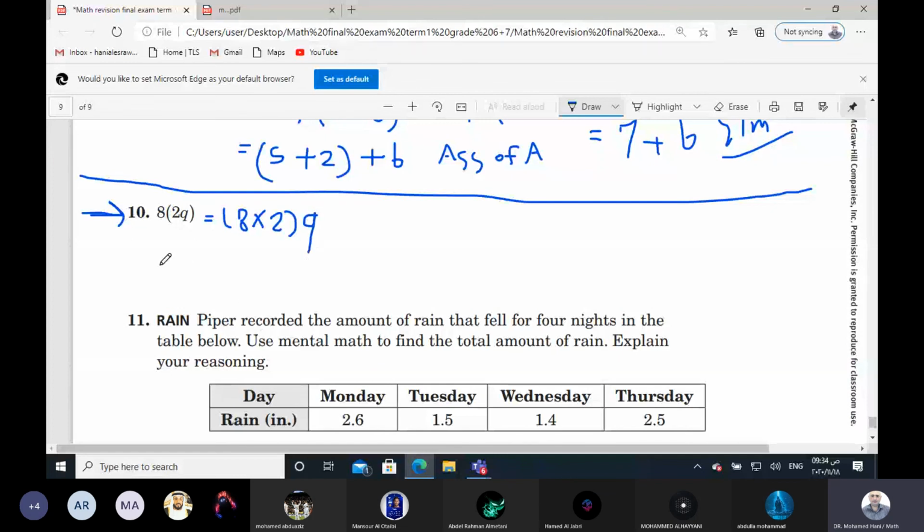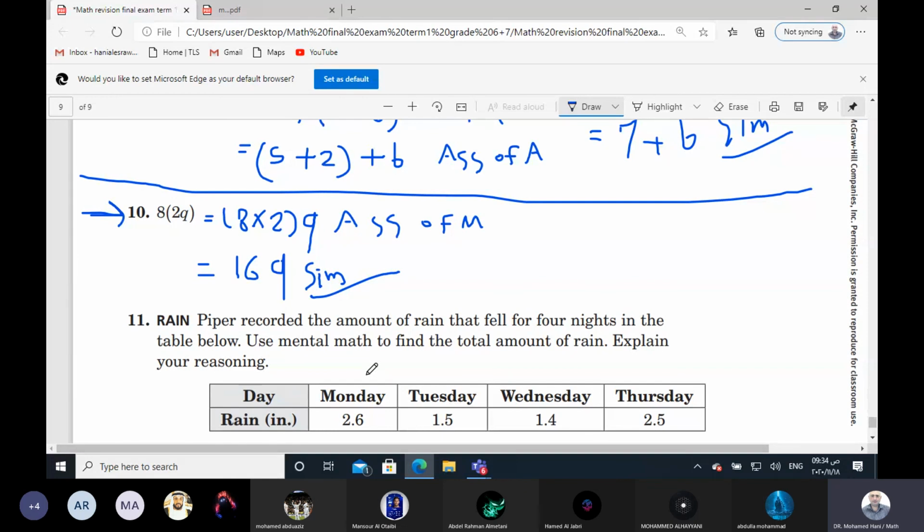So the name of this property is associative of multiplication. Then we can simplify. 8 times 2 will be 16, and here we have q. So the last answer will be 16q.